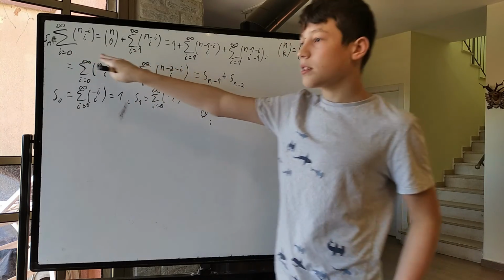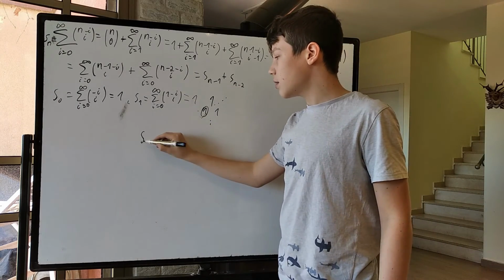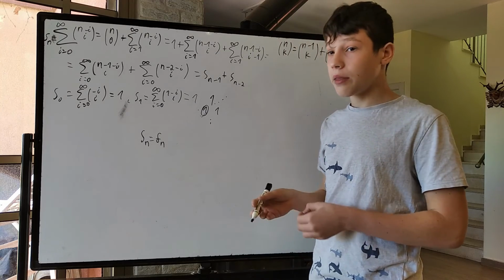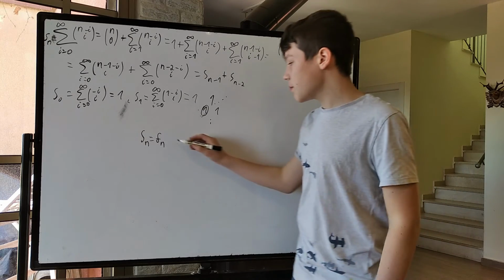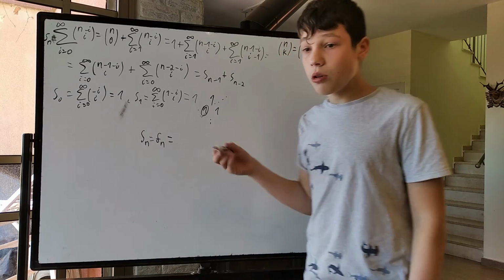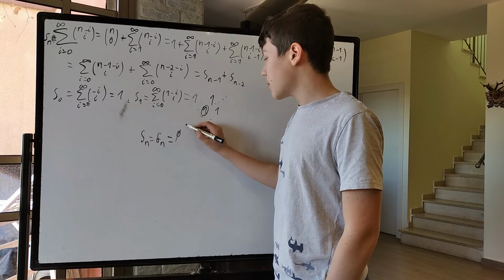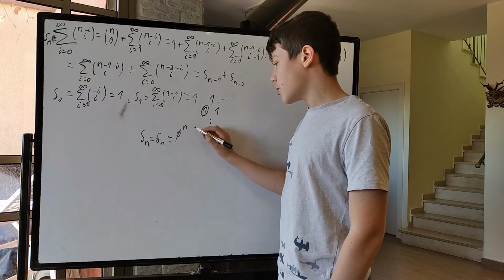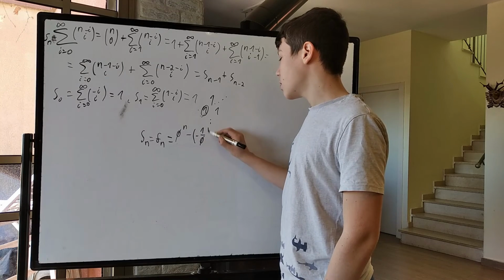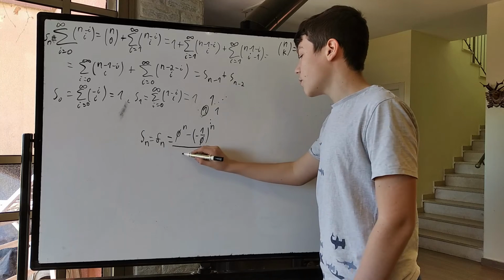Each number is the sum of the two previous numbers, and so Sn is equal to Fn, where Fn is the nth Fibonacci number. And if you want to go even further with this, there's the formula for Fibonacci numbers, which is the golden ratio to the power of n minus negative 1 over the golden ratio to the power of n, over square root of 5.